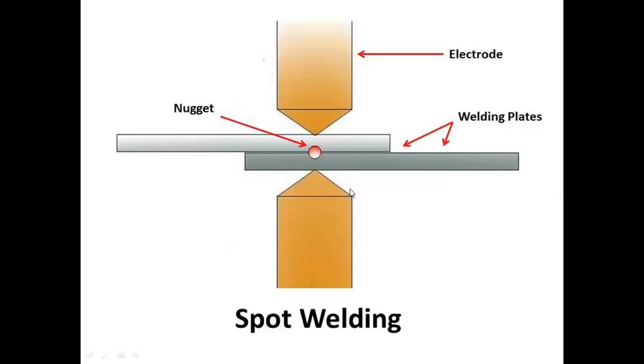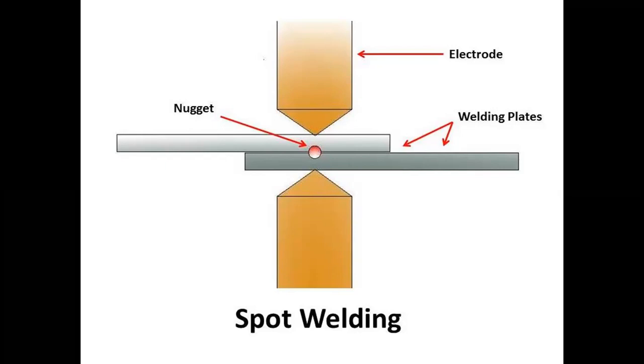And you can see, if electrodes are there and two metal plates, generally a lap joint is covered by this material, by this mechanism. So this is the lap joint, and this spot is heated, and whenever we release the heat and pressure also, it becomes a joint.